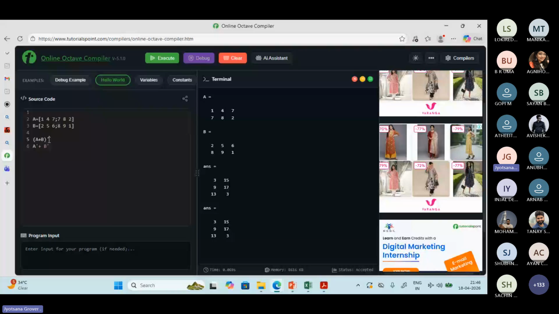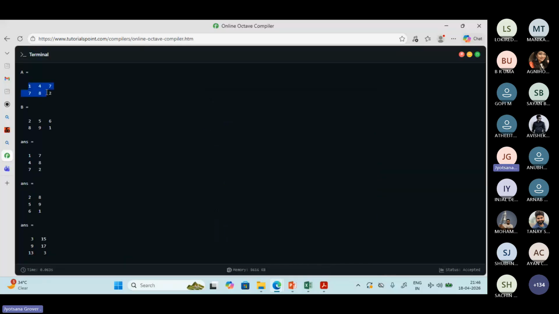Now we'll do this. A transpose, B transpose. Okay, this is the A transpose, this is the B transpose.